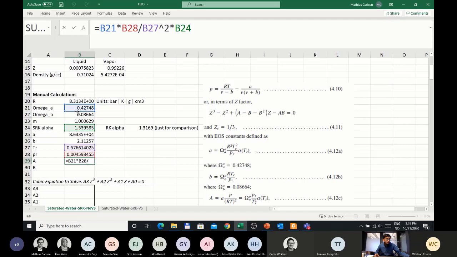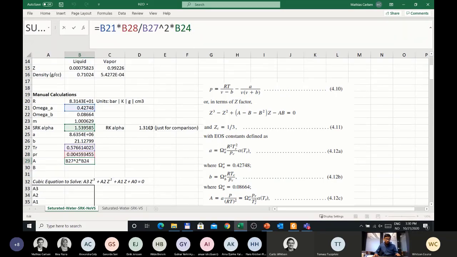P over R. Ah, so that's actually correct. That's Elena, yeah, that's right. So this has to be 83.134 for the unit system that we are working on. Yeah, thanks.